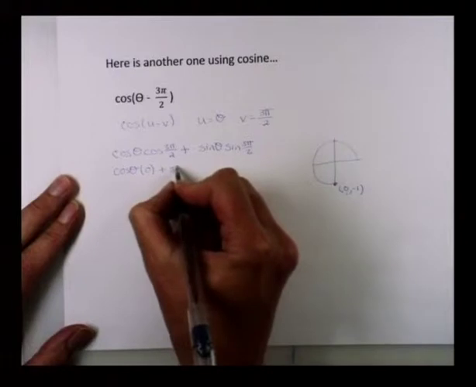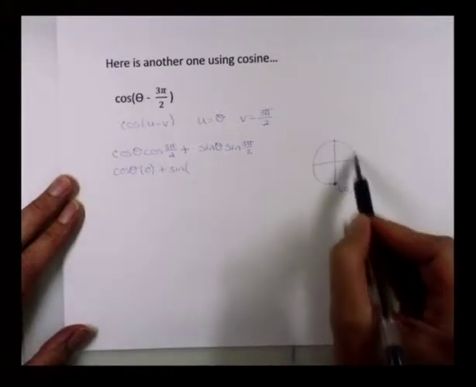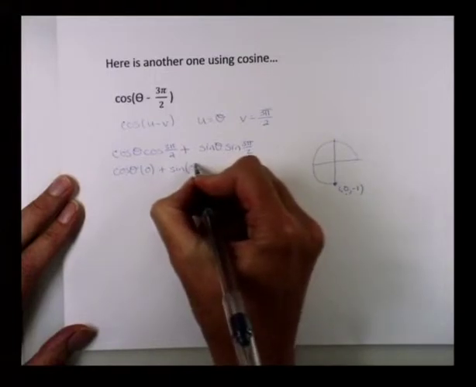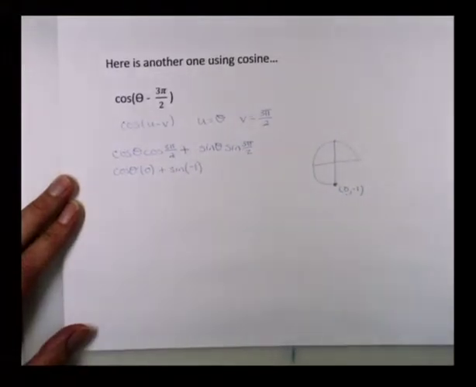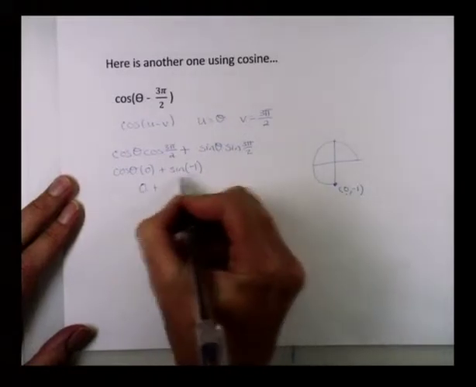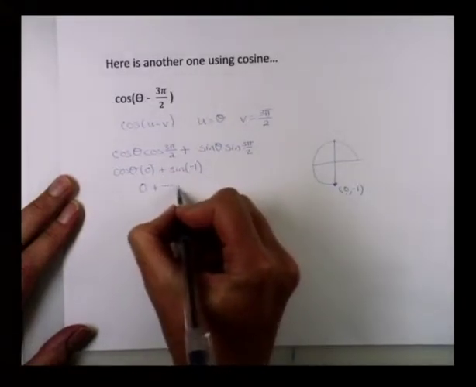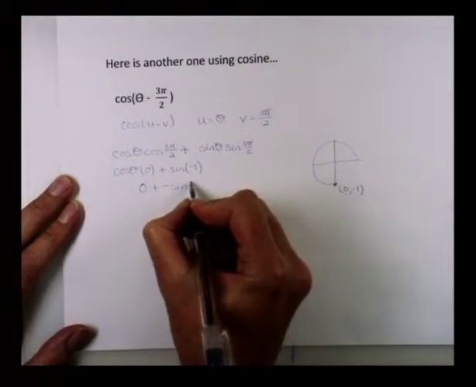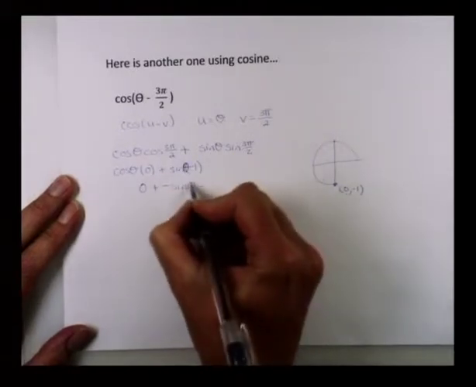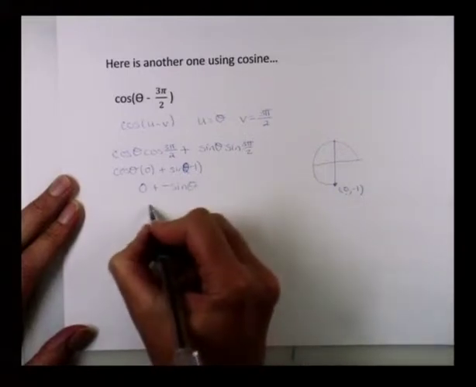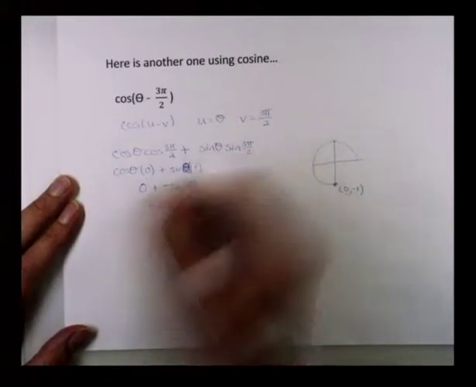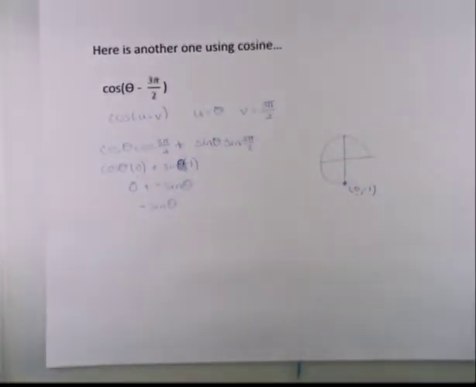And the sine of theta times the sine of 3 pi over 2, which is -1. And then I'm going to clean that up. Anything times 0 is 0. And then negative sine of, oops, I forgot my theta. Okay. Negative sine of theta, which simplifies down to negative sine theta. And this was very similar to the last one that we did.